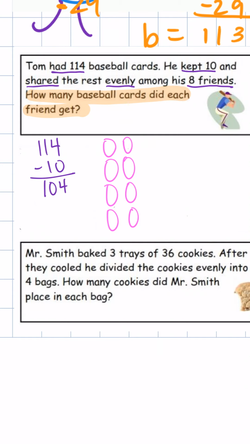But we realize that when we're taking 104 and we want to put it into 8 groups, it's like dividing by 8. So if we take 104 and divide by 8, we get 13. Each friend got 13 cards.